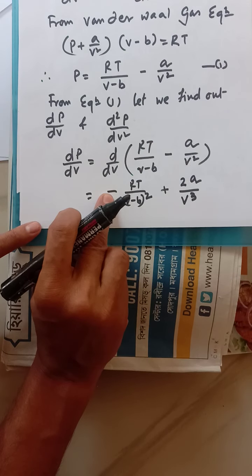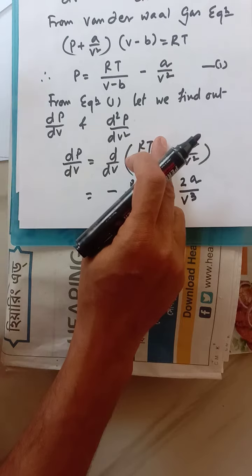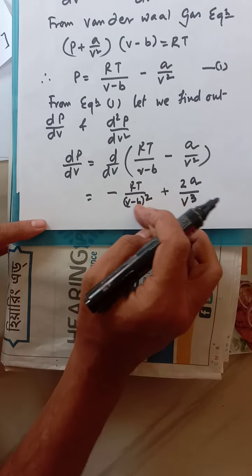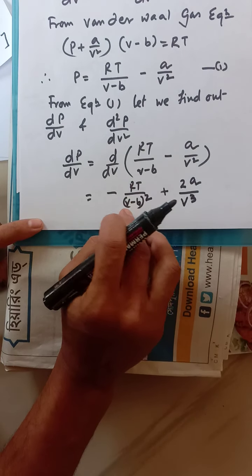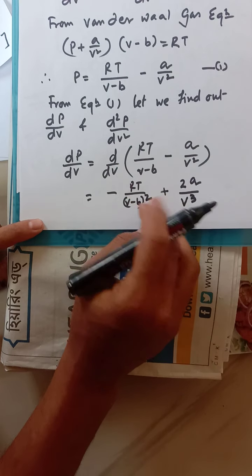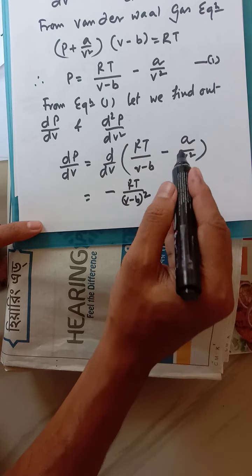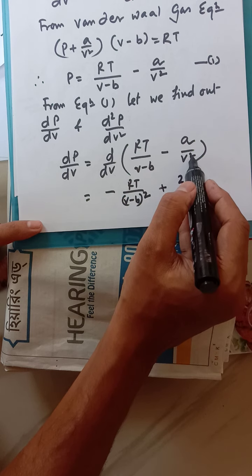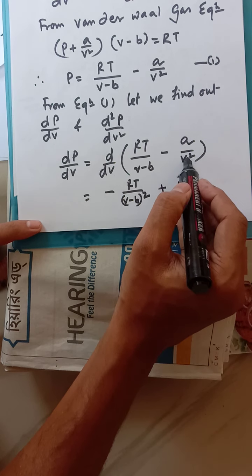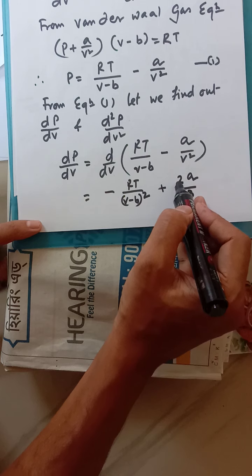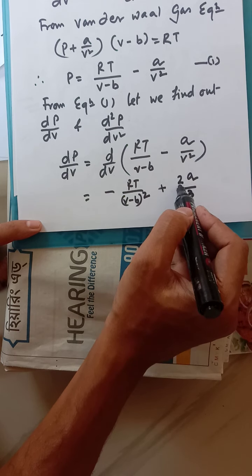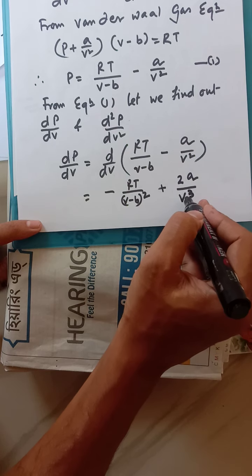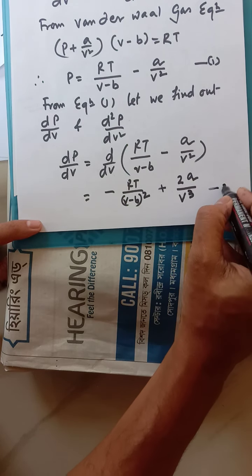Minus 1 comes forward, and minus 1 minus 1 becomes minus 2, that means RT divided by (V minus B) whole square. Now why plus? Same formula: V square has power minus 2, so minus 2 comes forward, minus becomes plus 2, and minus 2 minus 1 becomes minus 3. That means 2A by V cube. Let me consider it as equation number 2.